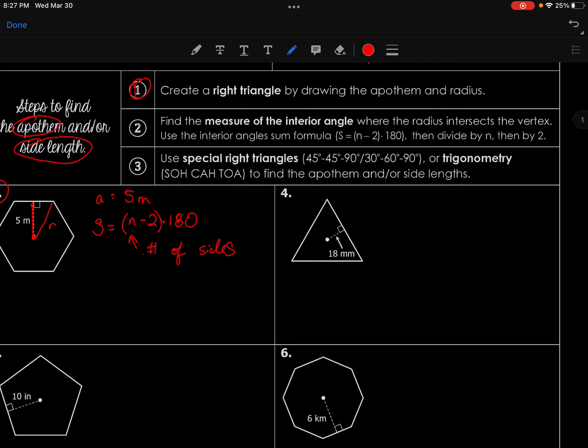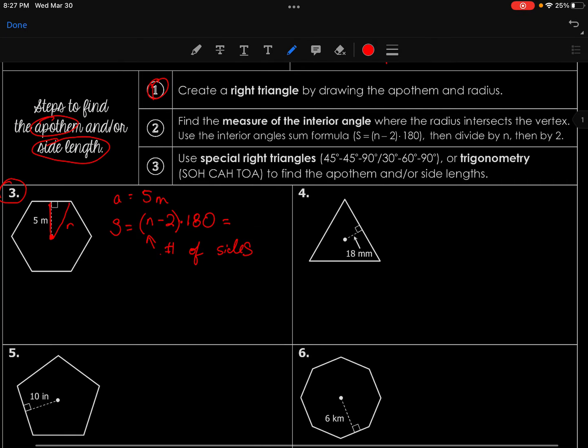Plug that in. For us, right now we have 6 sides, so 6 minus 2 times 180, which will give us 4 times 180, which is 720. So that is the interior angle sum. So that is all the angles added together.